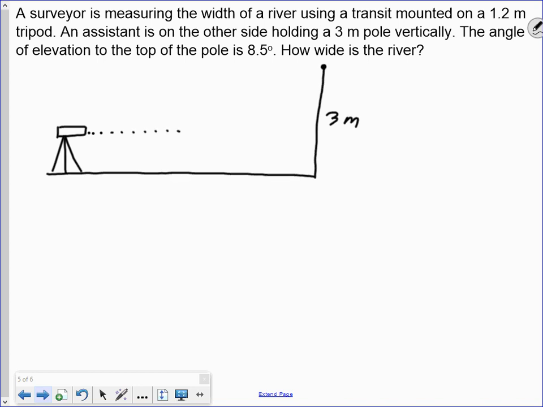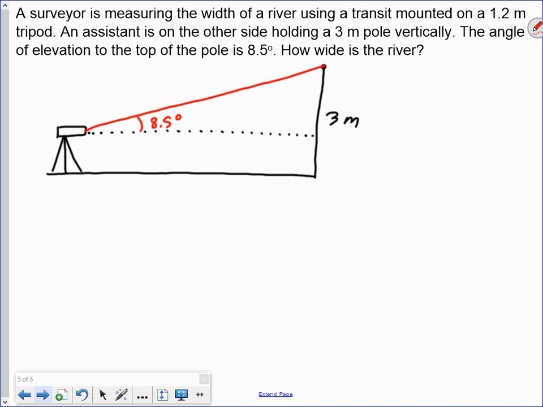So the horizontal for that transit from our surveyor would be like that, and then we're actually looking up to the top of this pole here, so that would be our line of sight. They're telling us the angle of elevation from the horizontal up to that line of sight is 8.5 degrees.